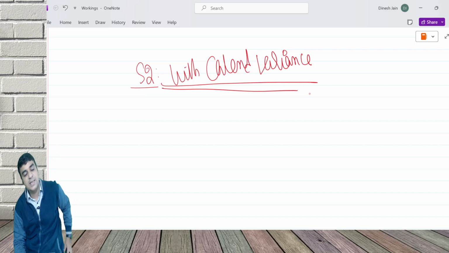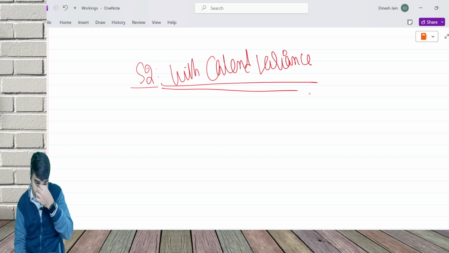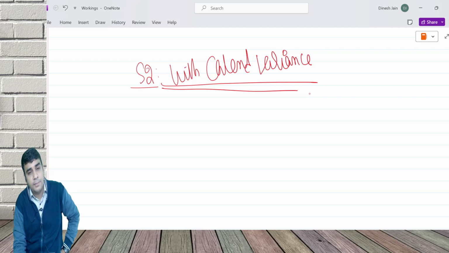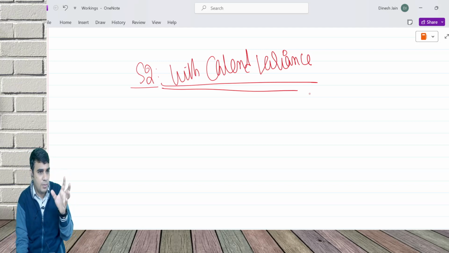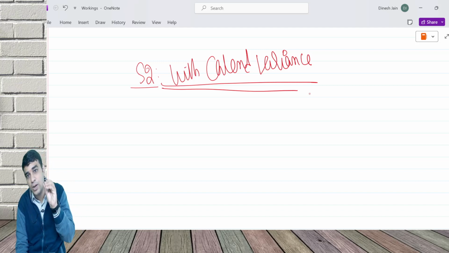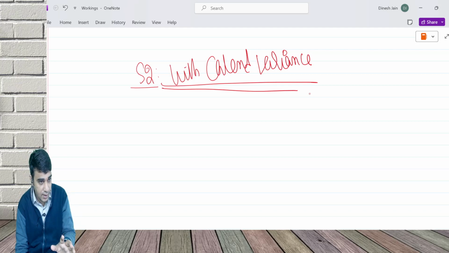Okay, let's first understand what is this without calendar and with calendar part. Listen. My plan, I said volume 10,000 units was the plan. We have got only 5,000 units. 10,000 to 5,000 gap I am trying to analyze. First reason is I lost 5,000 units because workers are inefficient.